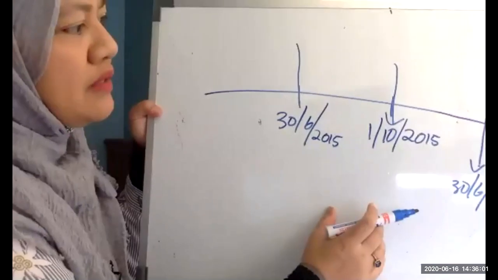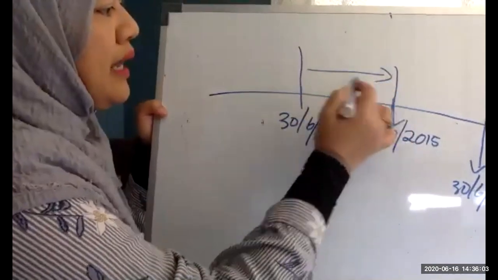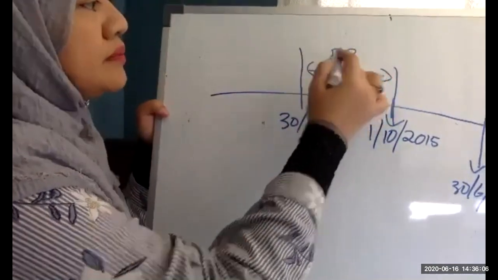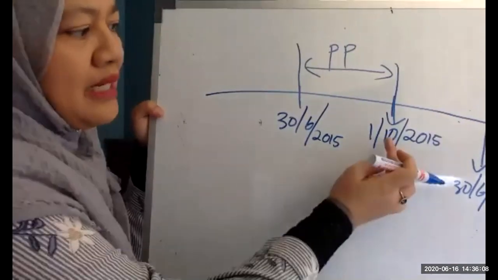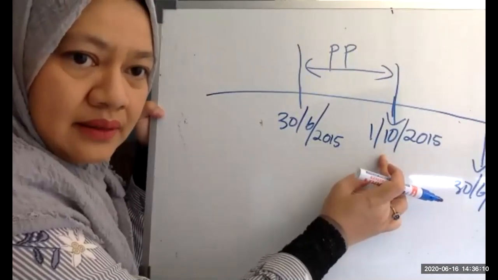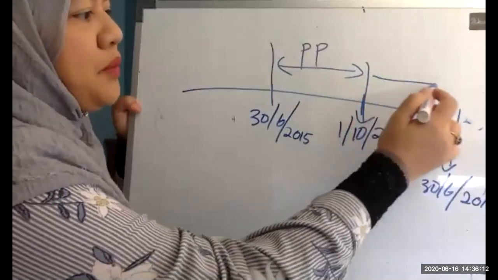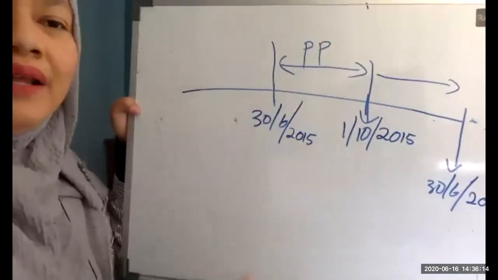So you're going to have this period as pre-pioneer, because your production day starts on 1st October. And then this one is the pioneer period, until you have that 5 years.